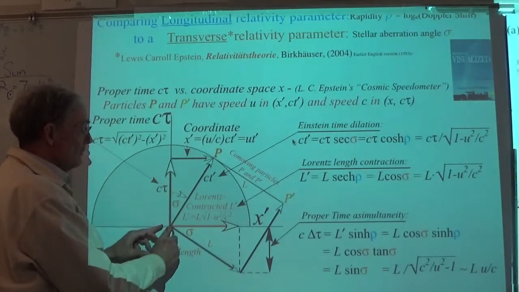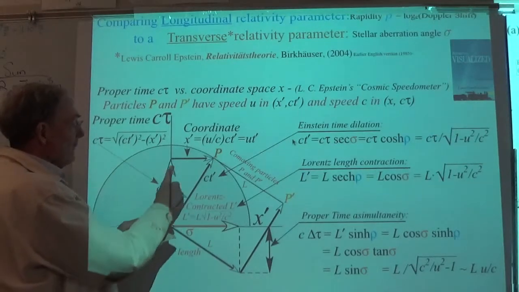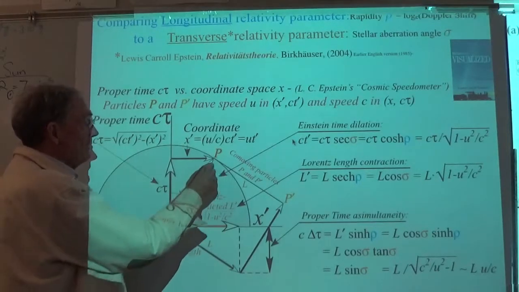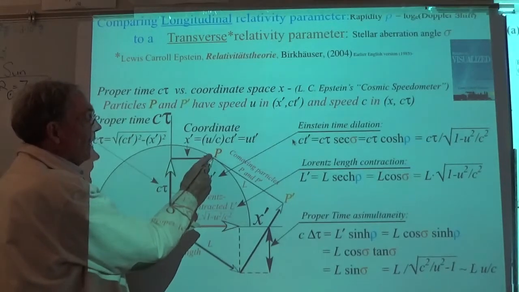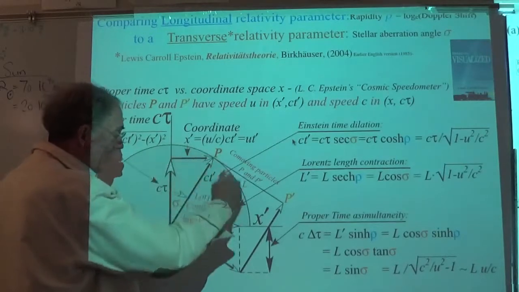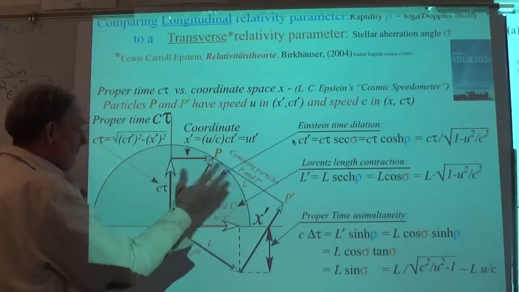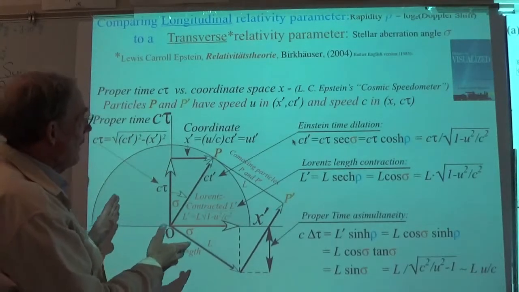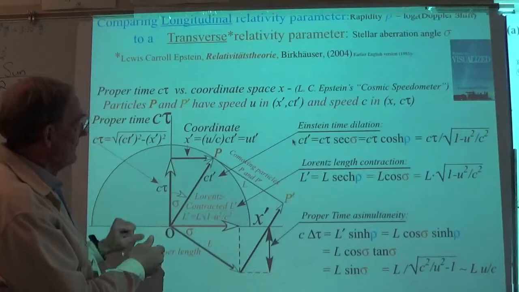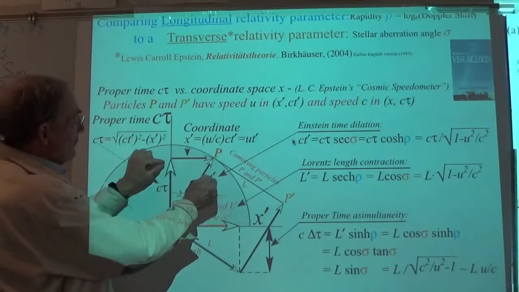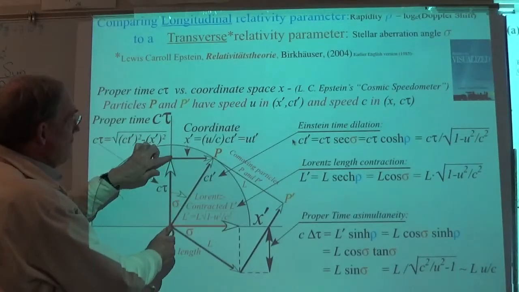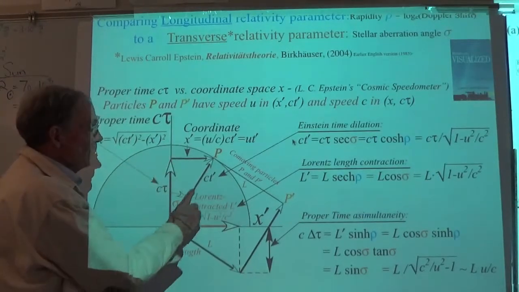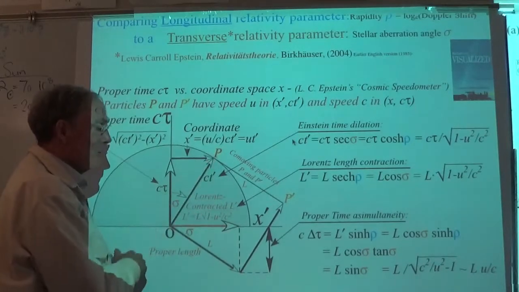So after a certain amount of time, the thing is here, and meantime this point is moving, going on that indicator of the coordinate time. So what you see then is this C tau right here is the actual proper time that would be read by somebody riding on that particular point.